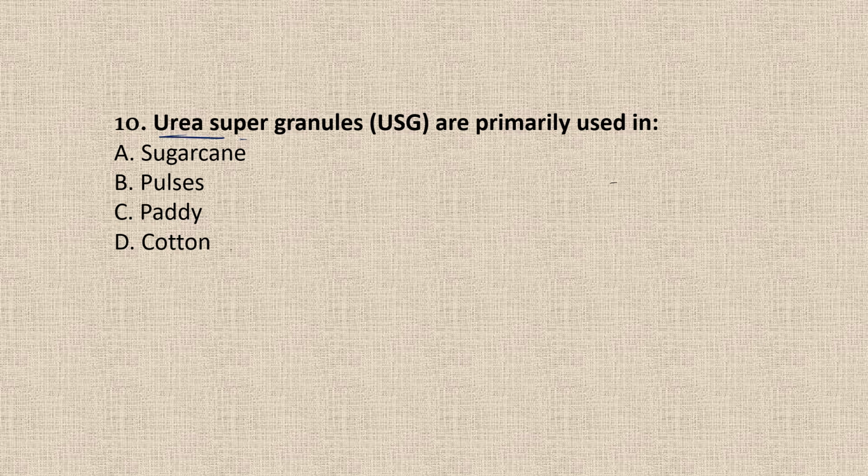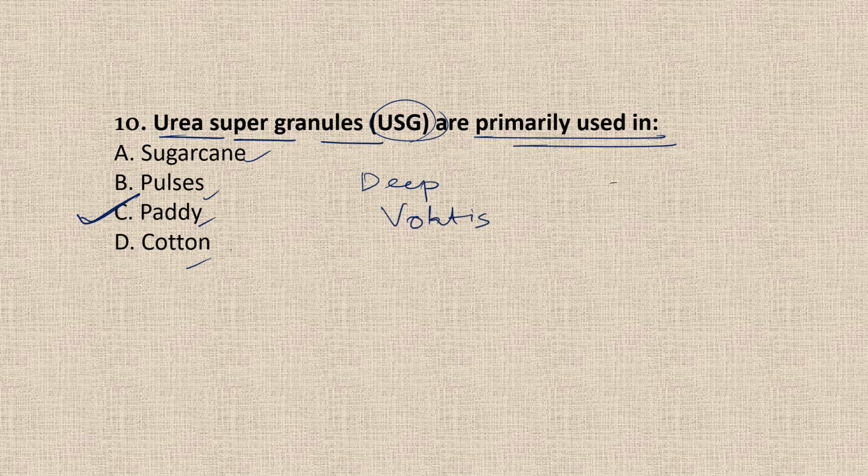Now moving on to the next question: urea supergranules, USG, are primarily used in sugarcane, pulses, paddy, or cotton. Right option is paddy. They are primarily used in rice fields because they are a more efficient method of nitrogen fertilization. They are designed to be placed deep into the soil, which reduces volatilization losses and makes the nitrogen readily available.